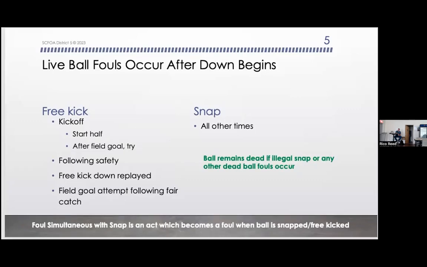So if we have a legal snap, the ball is what? Dead. It remains dead. It never became live. You have encroachment. Does the ball ever become live? No. If you have a pop-up kick, does the down begin? No. So those are just things to remember. So live ball fouls can only occur after the down begins.